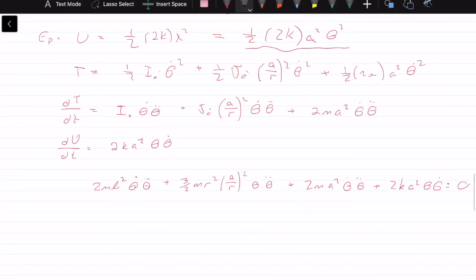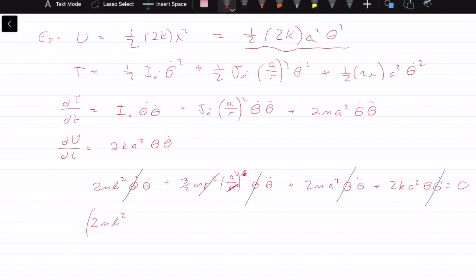Again, we're going to start cancelling out these individual theta dots because otherwise the solution is trivial. Once those are gone, we're left with 2m l squared. These twos cancel, and the r squareds cancel with this r squared.